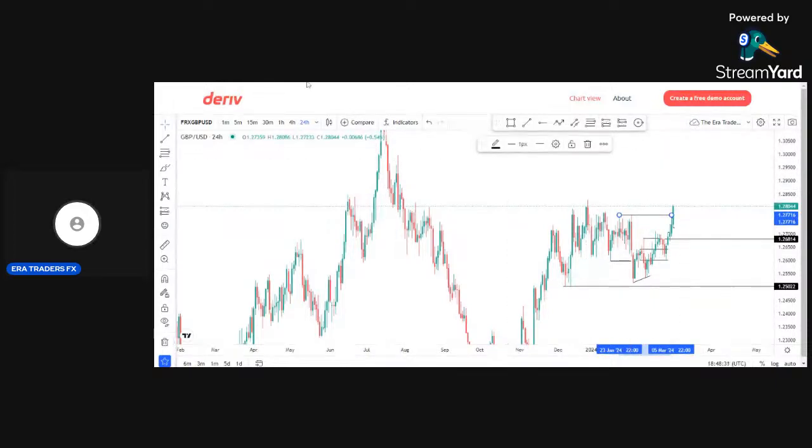So like I said, they are the main drivers of the market. Institutions trade into liquidity levels, be it external range liquidity or internal range liquidity.